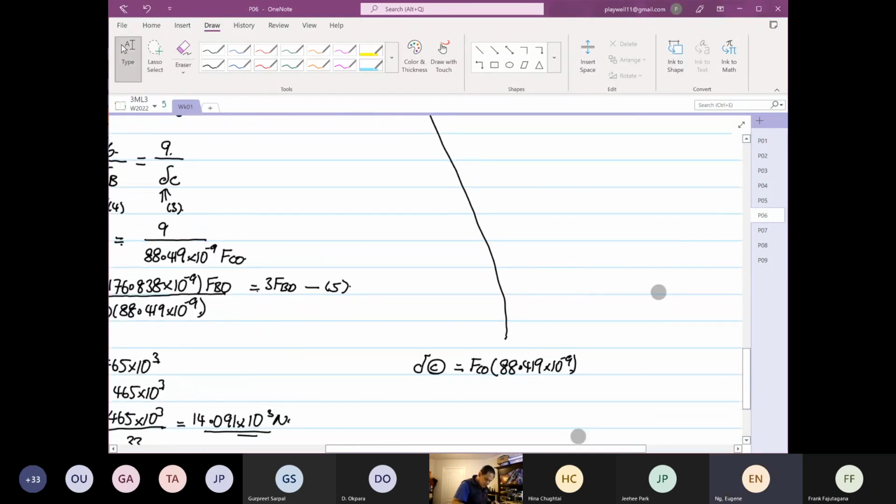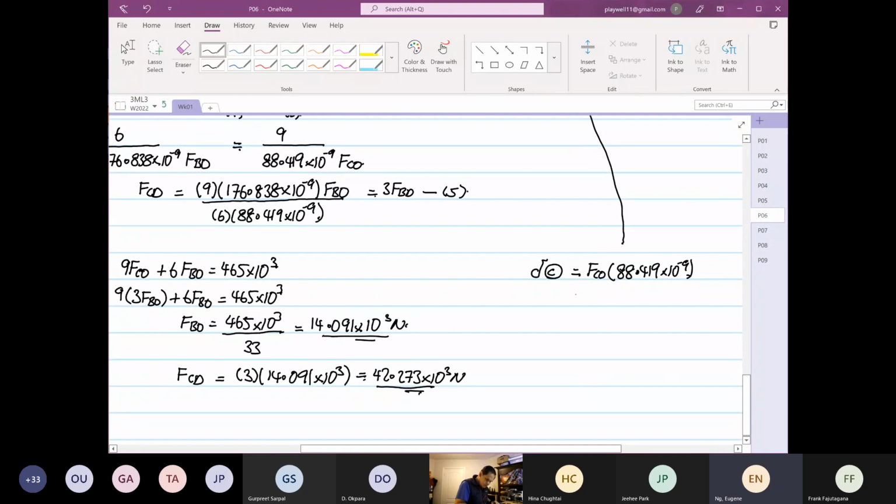And then finally, this will be equal to 42.273 times 10 to the power 3 multiplied by 88.419 times 10 to the power minus 9. So this will be equal to 3.737.